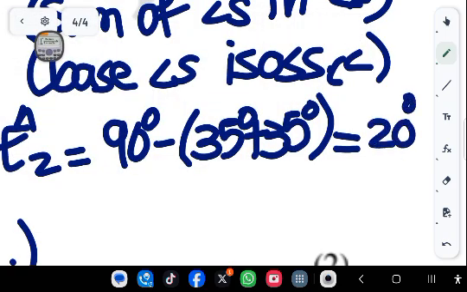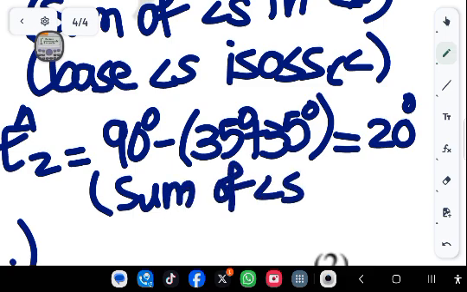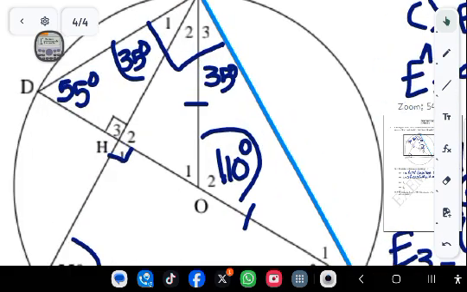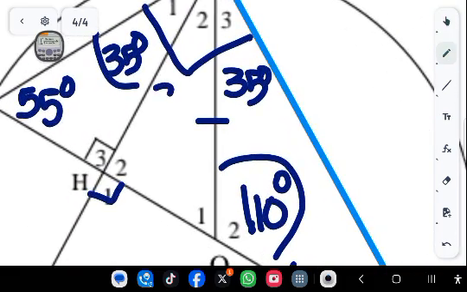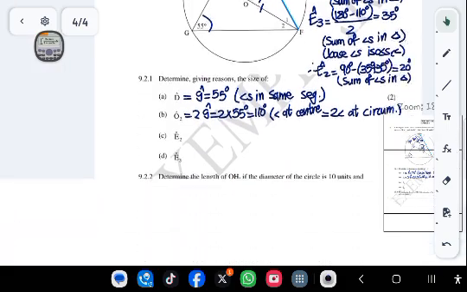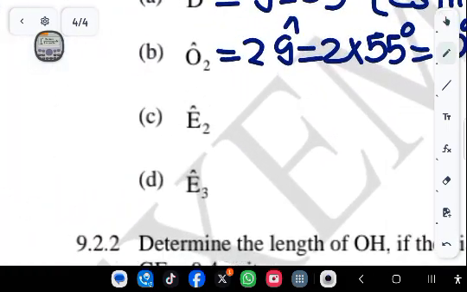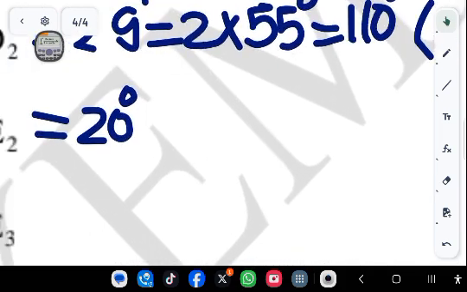And the reason is sum of angles in a triangle. So E2 is equal to 20 degrees.